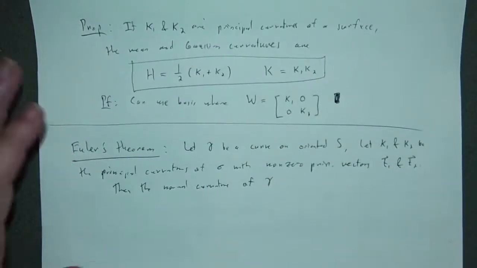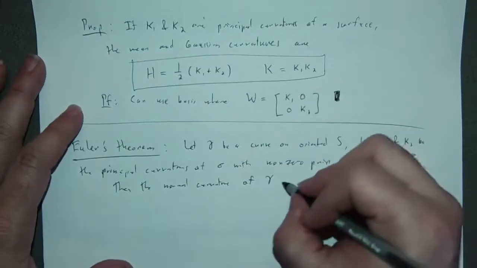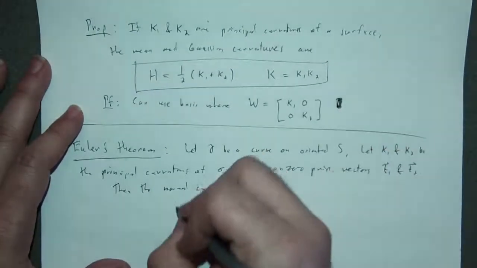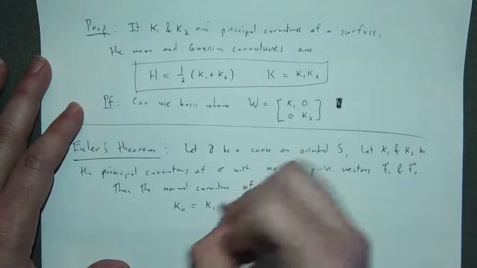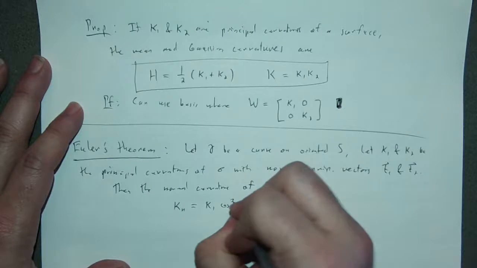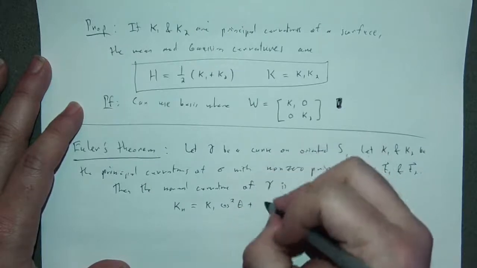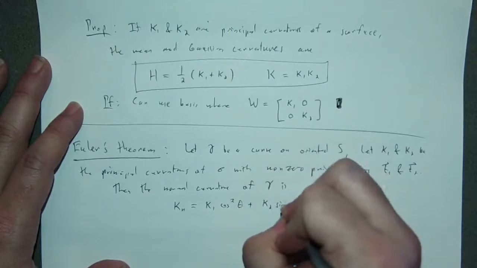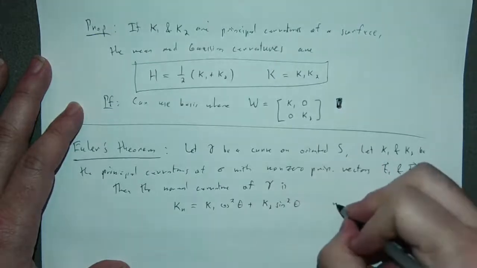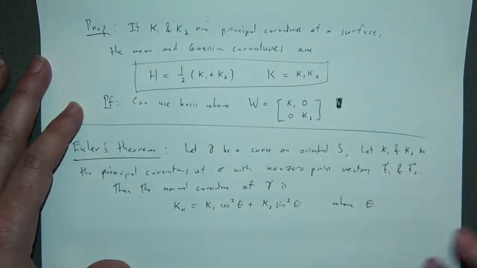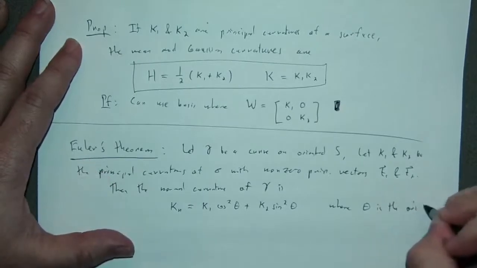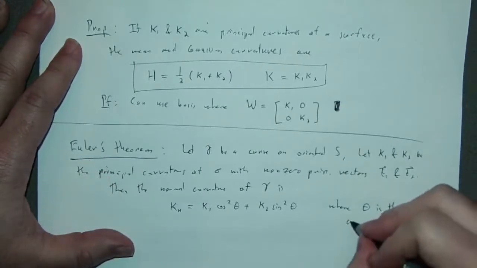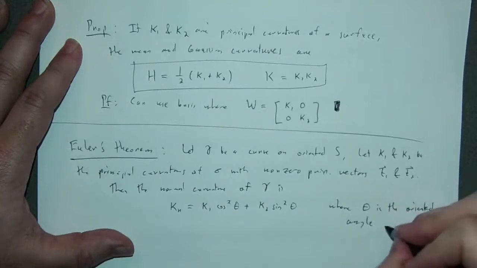Then the normal curvature of gamma is kappa sub n, which is kappa sub 1 cosine squared theta plus kappa sub 2 sine squared theta, where theta is the oriented angle from t sub 1 to gamma dot.